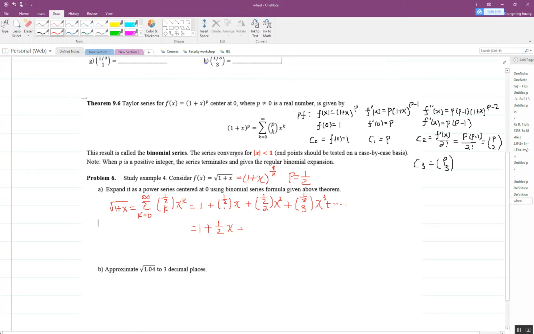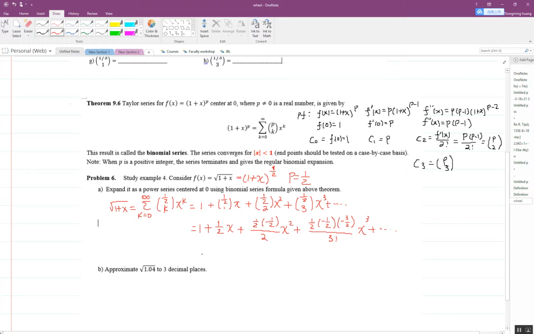The next one, let's do this algebra: 1/2 times 1/2 minus 1, which is negative 1/2. Now we have two numbers on top, divided by 2 factorial, which is 2, times x squared. Plus the next coefficient will be 1/2 times negative 1/2, and subtracting 1 one more time, negative 3/2, divided by 3 factorial, and then x raised to power 3, and so on.